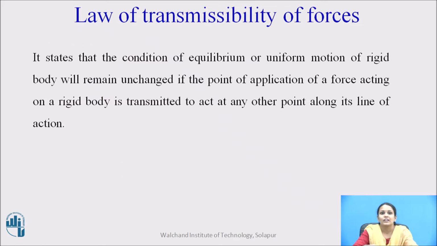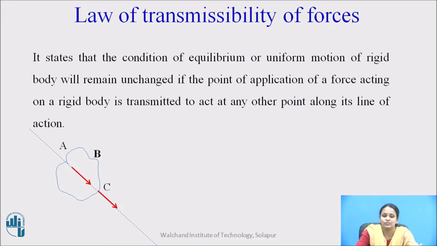It says that the condition of equilibrium or uniform motion of a rigid body will remain unchanged if the point of application of the force acting on the body is transmitted to act at any other point along its line of action. For example, it is a rigid body where this force is acting at this point A in the line of action towards the point C.